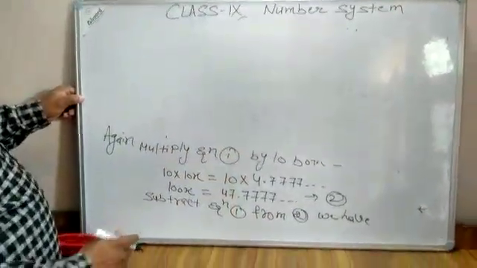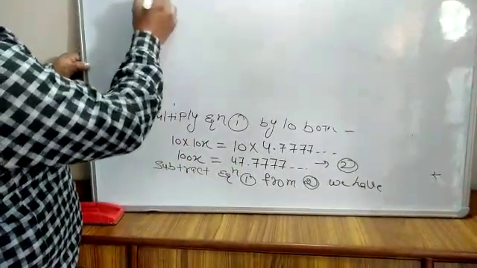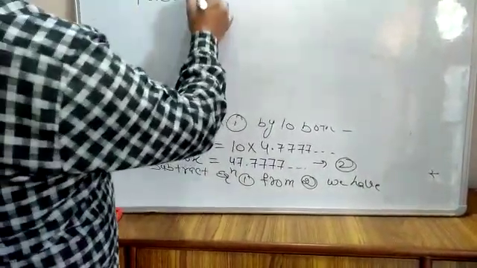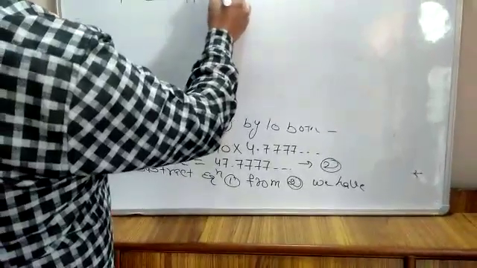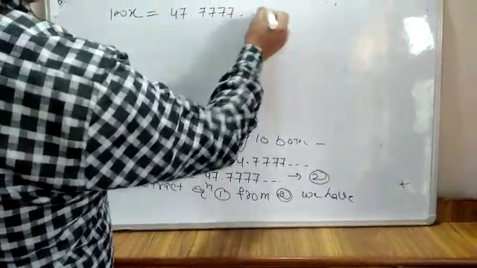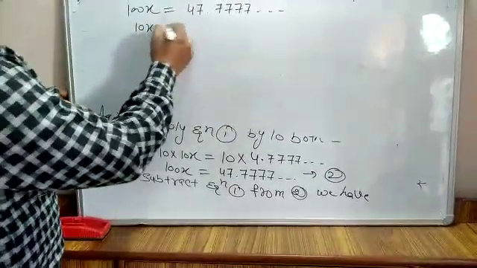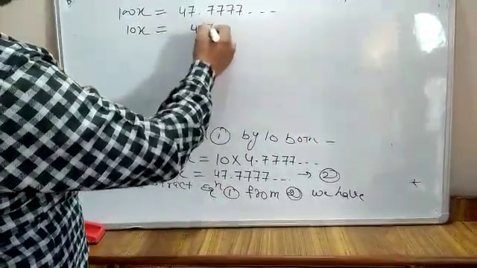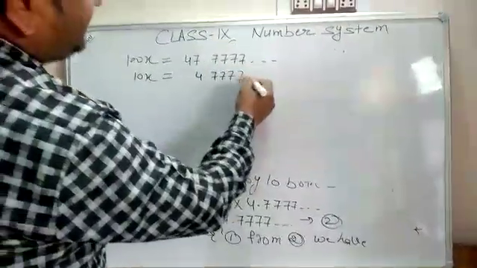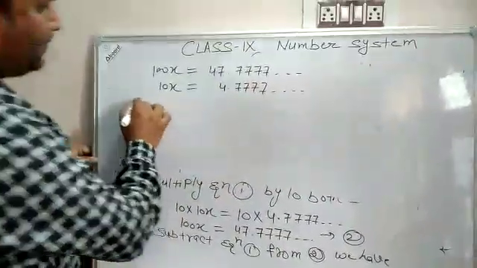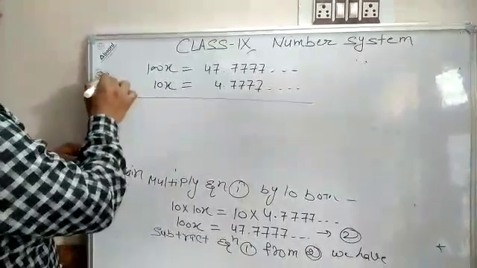So what is your equation 2? Equation 2 is 100x is equal to 47.7777 and so on, and 10x is equal to 4.7777 and so on.